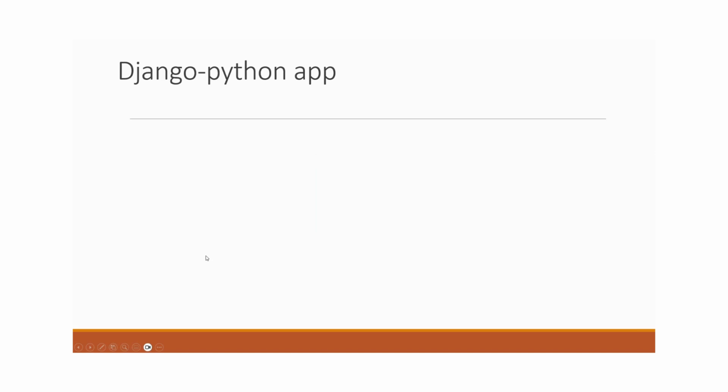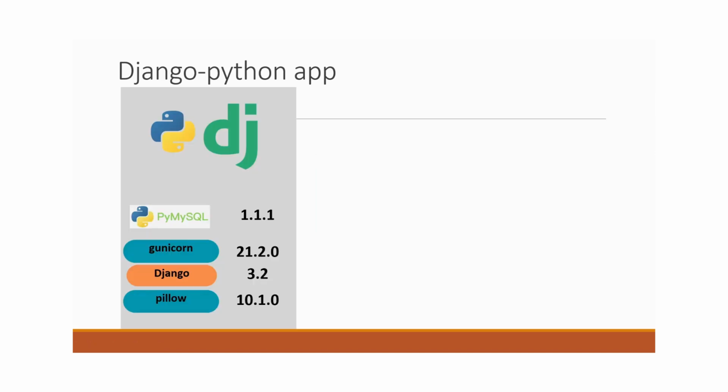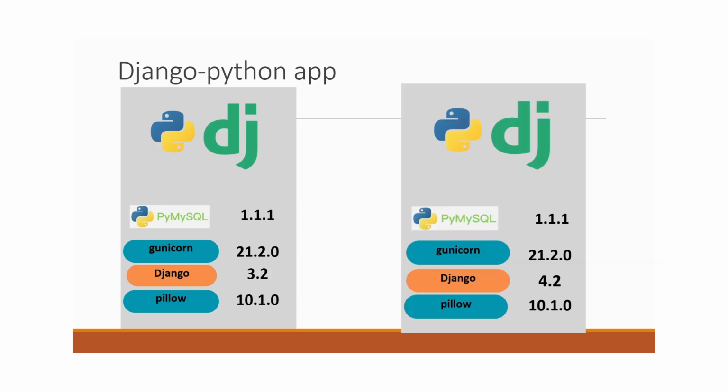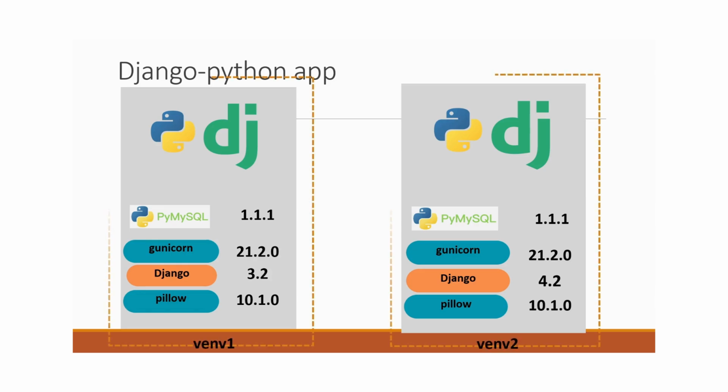Let's take another example. If you want to build and deploy Django based Python applications with a certain set of binaries and libraries, although Django provides a solution for this as it provides the virtual environment concept that helps us to isolate the packages into different virtual environments.